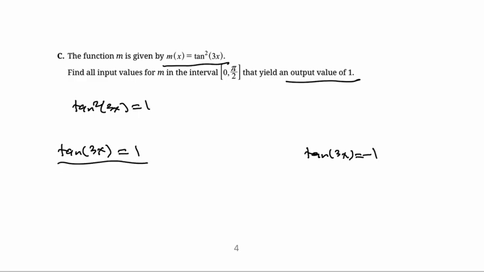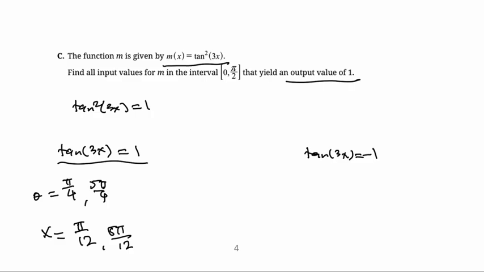When does tangent of theta equal 1? That's when theta equals pi over 4 or 5 pi over 4. And theta equals 3x, so we divide both of these by 3 to get x equals pi over 12 and 5 pi over 12.